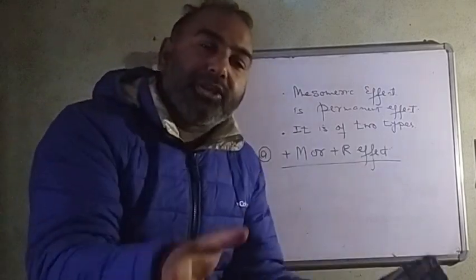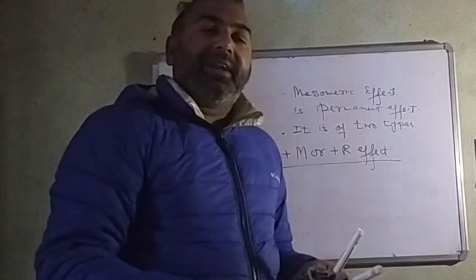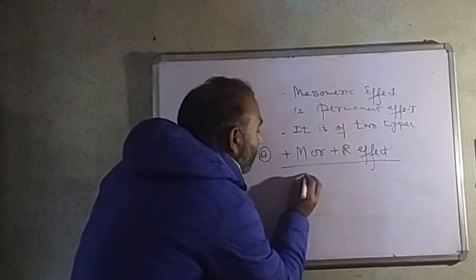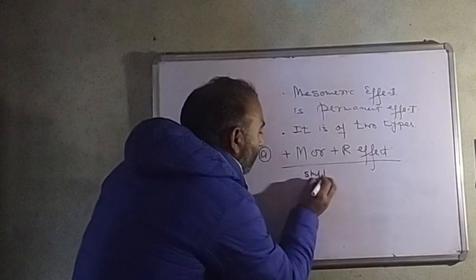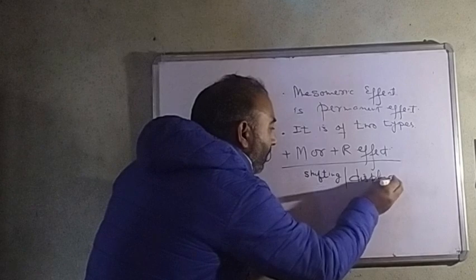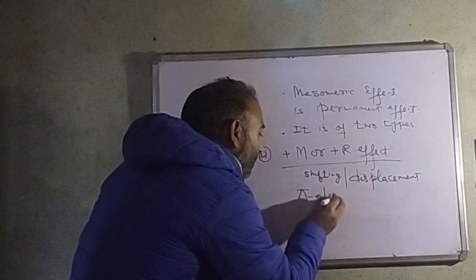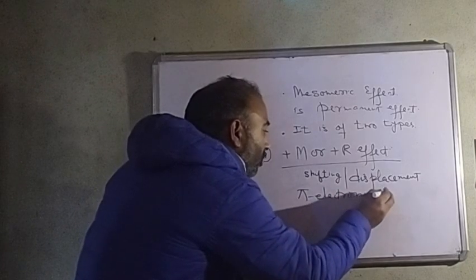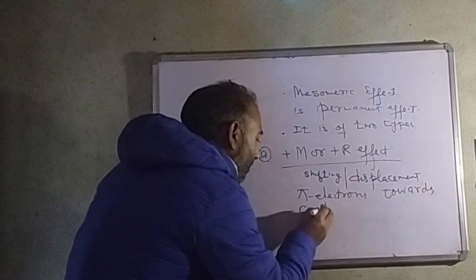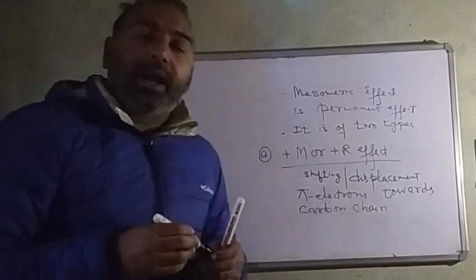Just like inductive effect has two types, plus I effect and minus I effect, the same is the case with mesomeric effect. So, shifting or displacement of pi bonds or pi electrons towards the carbon chain.